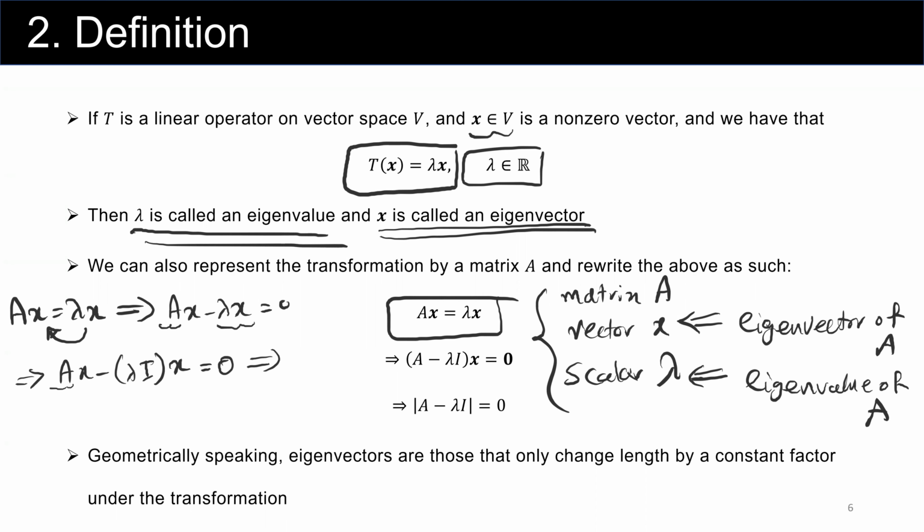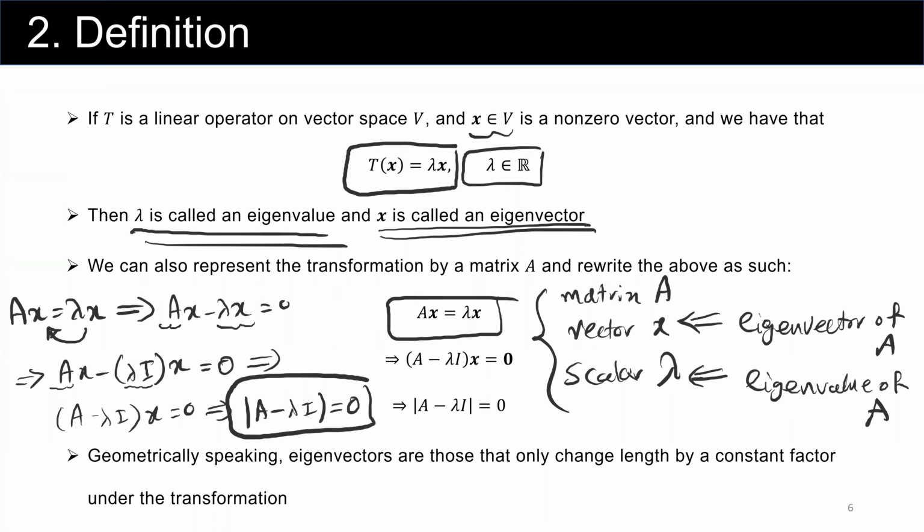Now we have matrix A and matrix lambda I. A minus lambda I multiplied by x is 0. And based on this, we simply put the determinant of A minus lambda I to 0. As you can see in this equation, we eliminated the eigenvectors x. So this one is going to give us lambdas or eigenvalues.